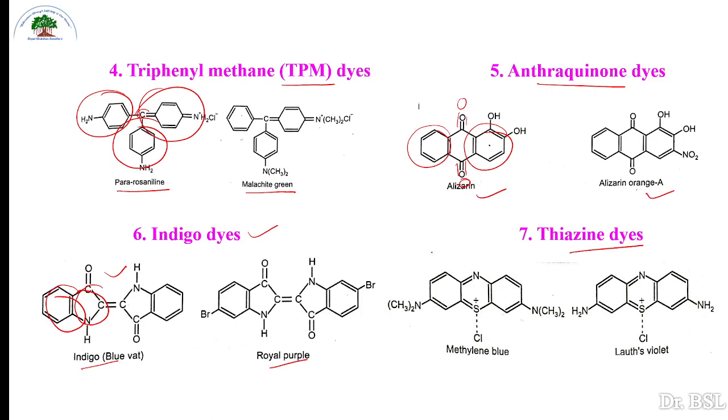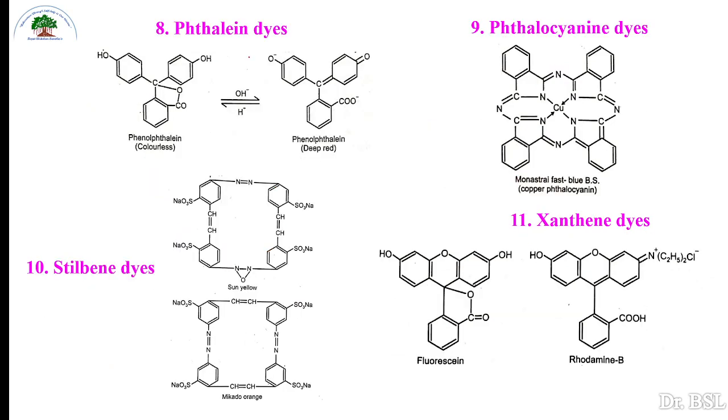Thiazine dyes. Thiazine dyes are those dyes which contain six-membered ring with nitrogen and sulfur. Other structures may be different in different dyes. Phthalein dyes. The phthalein dyes contain the structure that resembles phenolphthalein, which contains central carbon with three rings, similar to TPM.